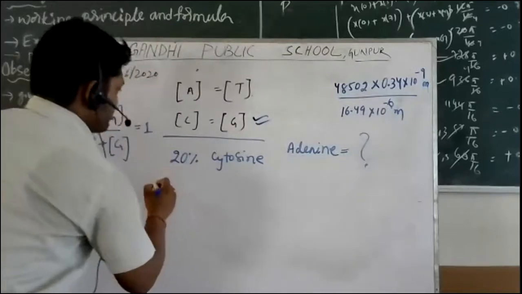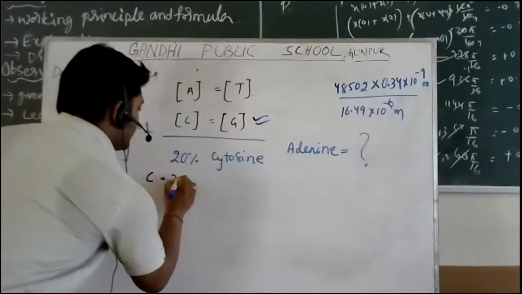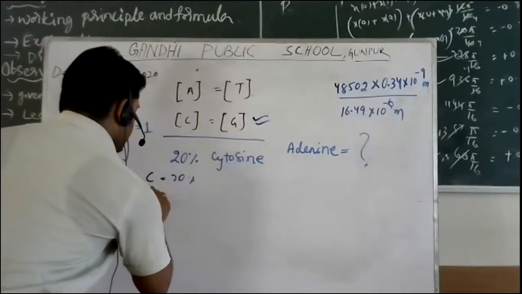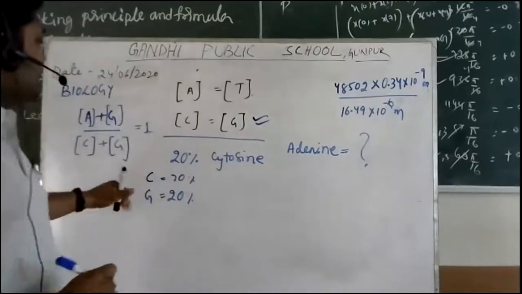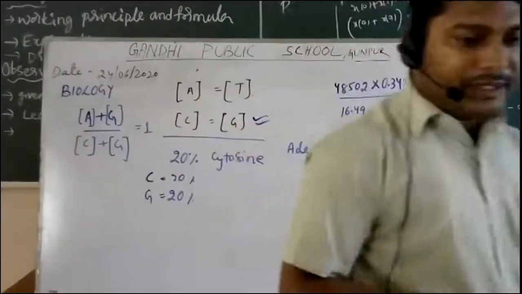So we all know, 20% guanine. If C is equal to 20%, and G is also going to be 20%, then C plus G is going to be how much? 40%, yes.